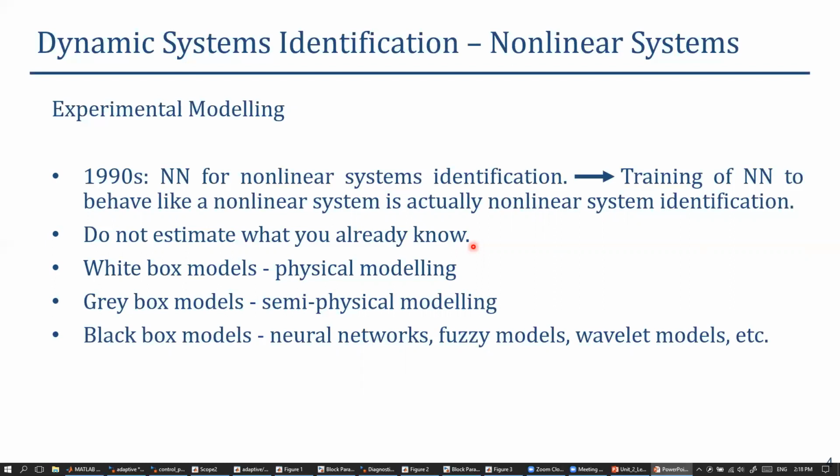And then we have black box models. These are neural networks, fuzzy models, wavelet models, and so on. Have you ever heard of fuzzy models before? You know what a fuzzy model is? We will talk about that, not today, but probably tomorrow.